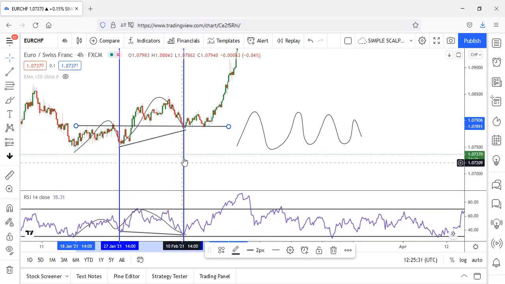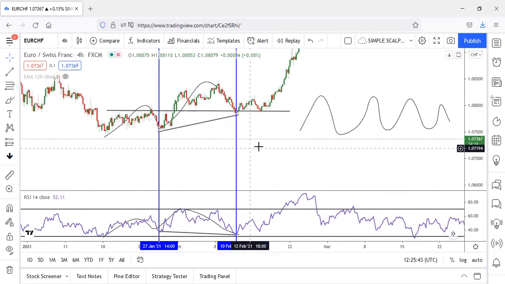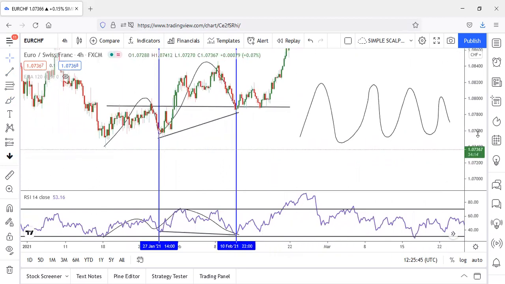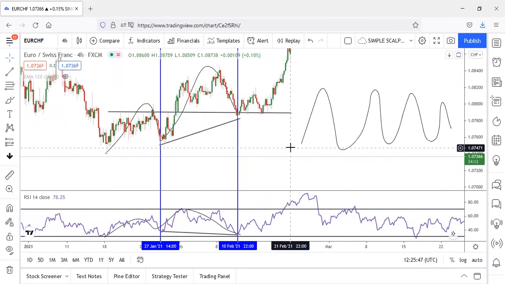Okay, this makes it more powerful, so you can apply the same thing for the downtrend. I hope this is very, very clear to you guys. This is one of the best ways you can use divergence, hidden divergence, to determine the continuation of trend.